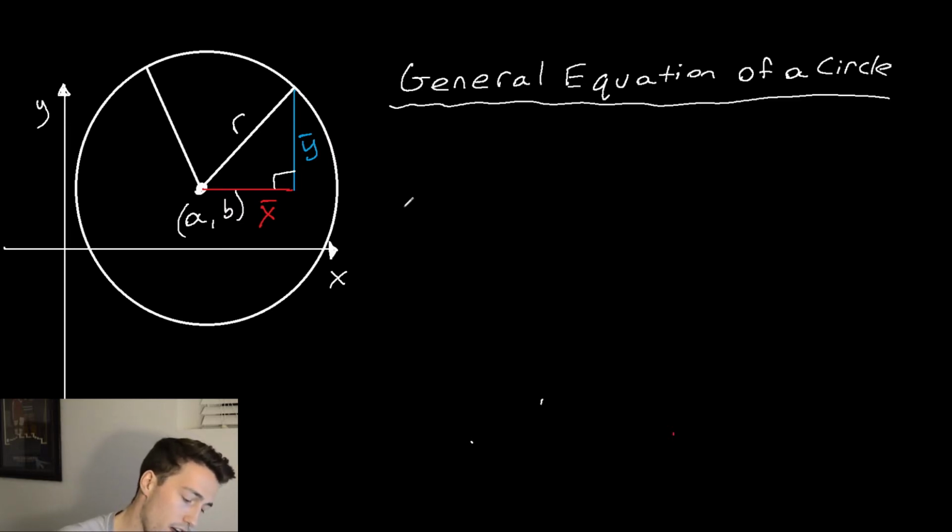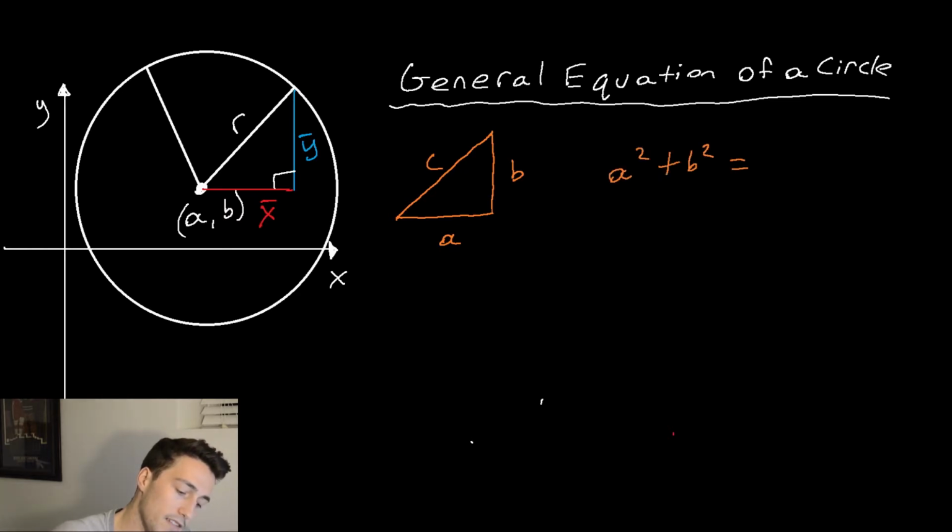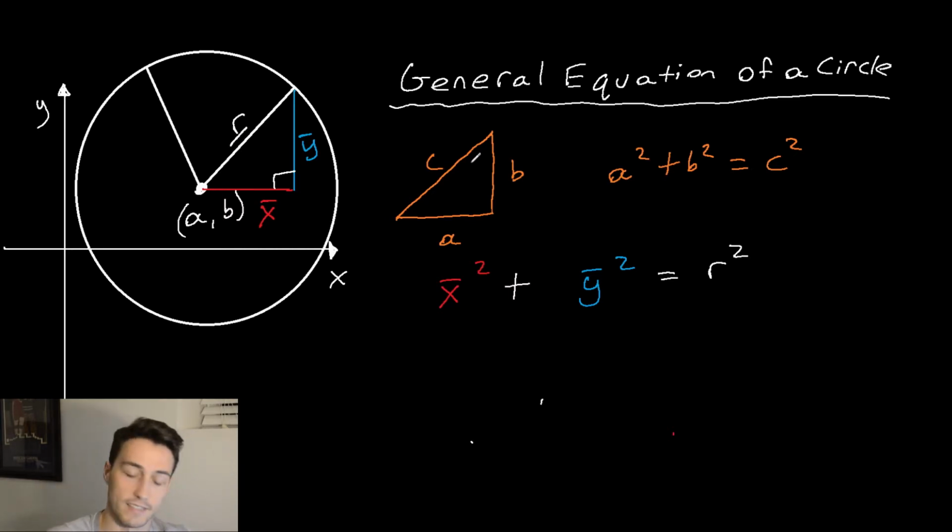So with the typical triangle, we'd have something like this, and we'd say this is A, this is B, and this is C, and we would say that A squared plus B squared is equal to C squared. So in this situation, we have x bar squared, plus y bar squared, and that is equal to our radius squared, because this is our hypotenuse, or our C in this case.